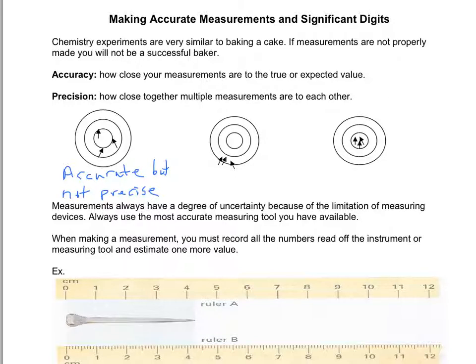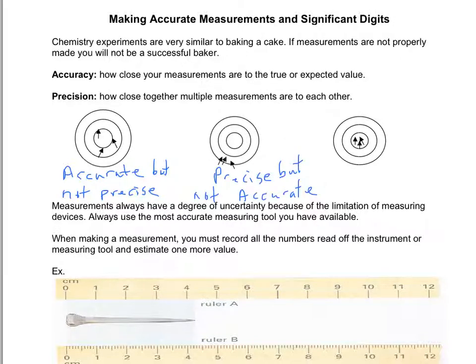If you have a look at the second dartboard, it's the exact opposite. My 3 darts are nowhere close to the target bullseye. That means I'm not accurate. But if you look at how my darts are spaced, they are very close together. That means I may not be accurate, but I have precision when I'm throwing my darts.